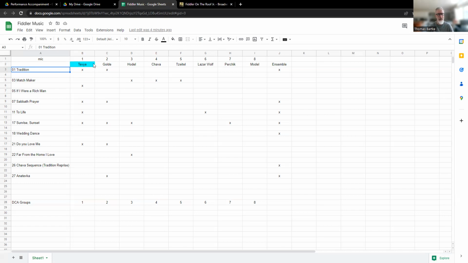Here, it turns out we have only 7 characters that have solos in any of the songs, plus ensemble. Later on, we're going to break the ensemble down, but for now, let's just focus on this very simple layout, because there's only 7 characters that have solos to sing, and then there's the ensemble.